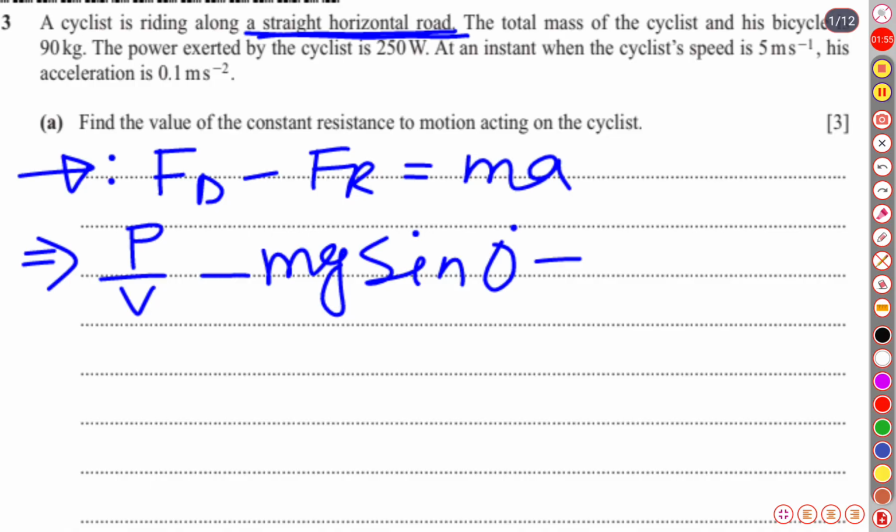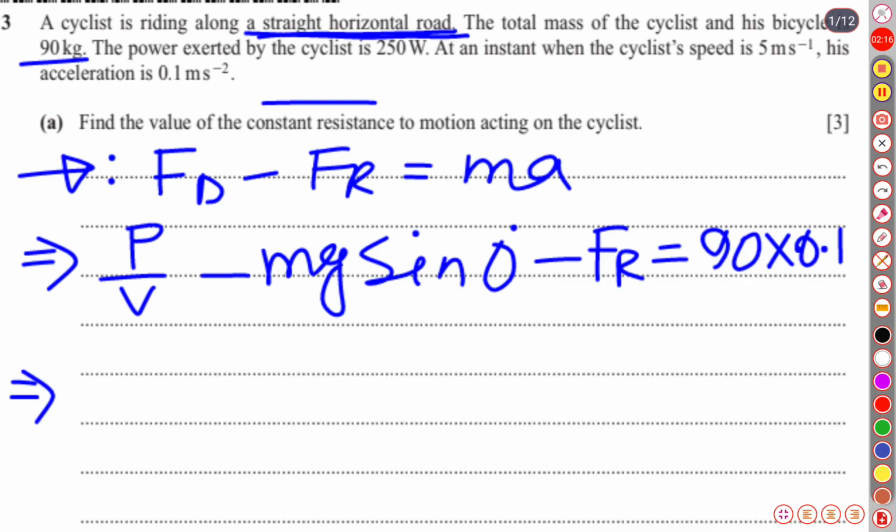Then there is a constant resistance to motion. That means the wheel is not smooth at all, which is to be obtained. So resistance to motion, and the mass is given as 90 kg, acceleration is given as 0.1 meters per second squared. Now let's substitute the values we have.